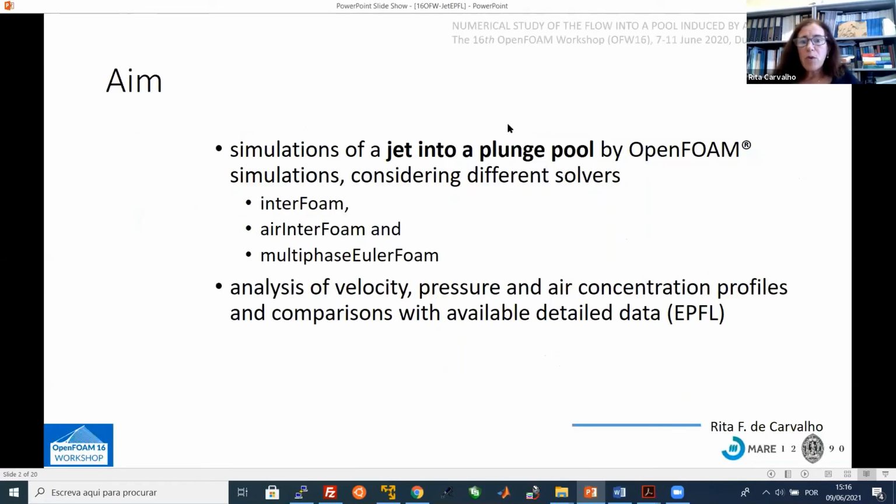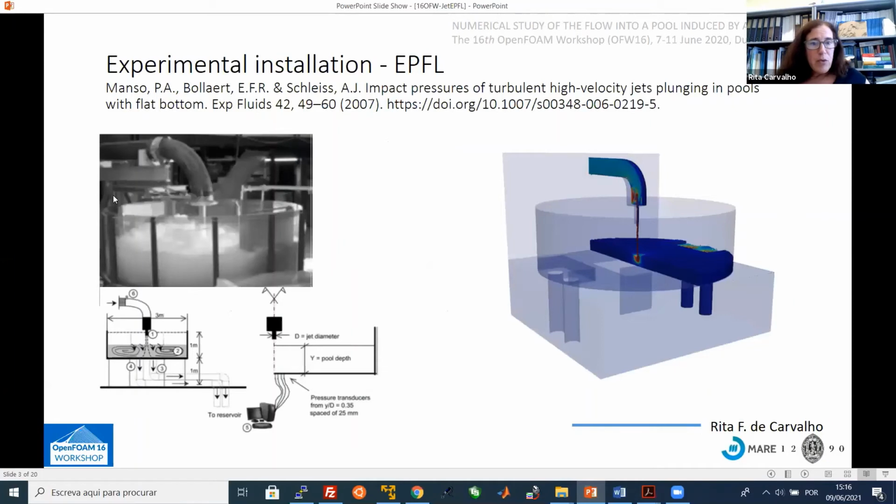We have detailed data about velocity and pressure, and we want to analyze that comparing different solvers like interFoam, multiphase OpenFOAM. The work in EPFL is well documented in several papers, one is in Experiments in Fluids, and this installation has a pipe here.